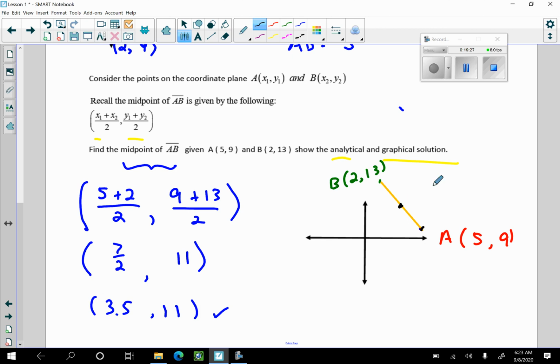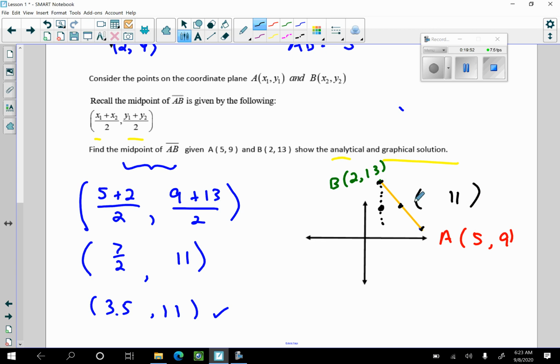We know we can actually plot the midpoint. But hey, what is this output? Oh, the y there is about 11. That's about the middle of 13 and 9. Yes, it is. If I were going to go straight up from 9 to 13, the midpoint would indeed be 11.